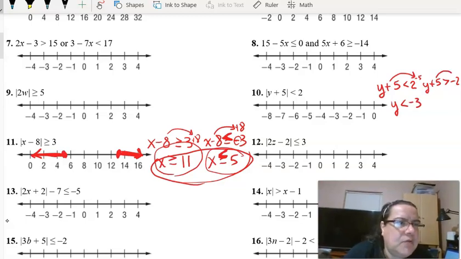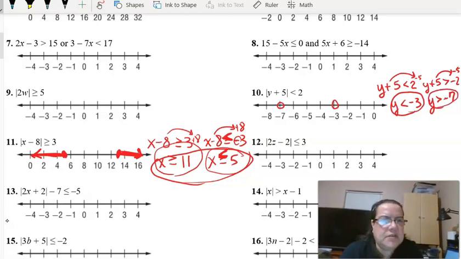And here, if I move the 5 this way, it becomes a negative 5. So y could be greater than negative 7. So we look for both of these numbers. Negative 3 is here. Negative 7 is here. I'm looking for a number that is less than negative 3 or greater than negative 7. So less than negative 3 is here, greater than negative 7 is here, and they meet in the middle.